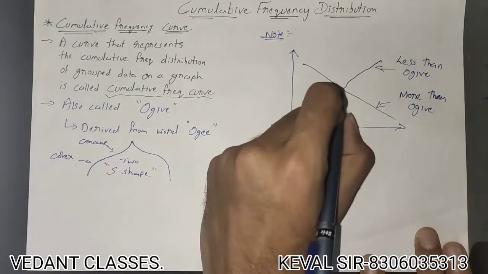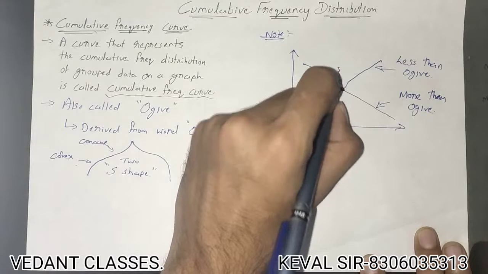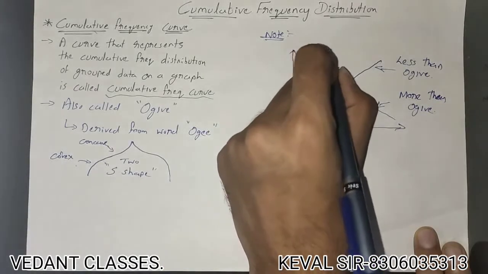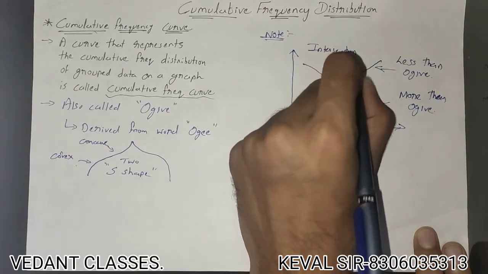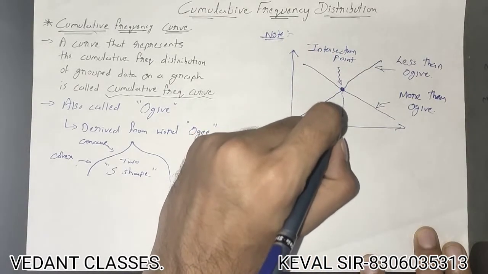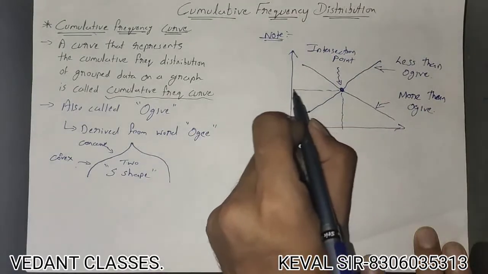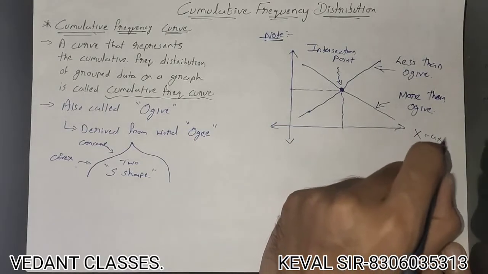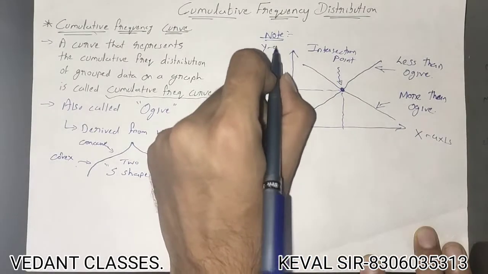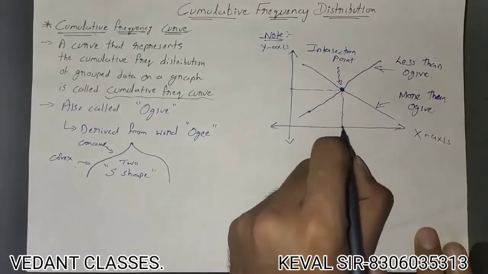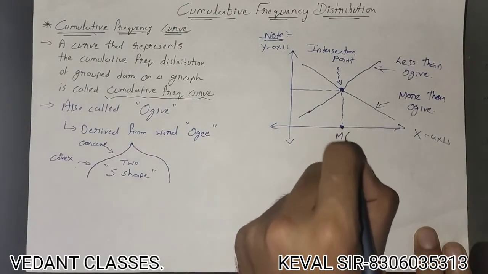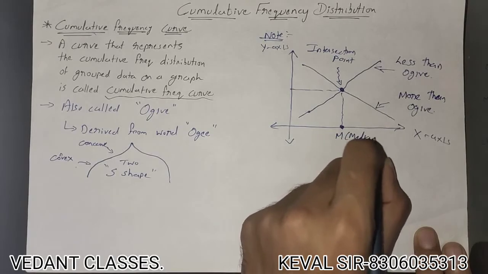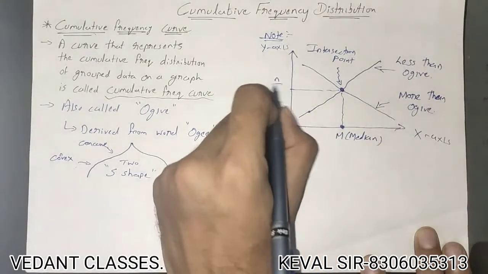Now see, you are getting an intersection point over here of both the curves. Let's draw its projection on the x and y axis. This will be the x axis, this will be the y axis. The x coordinate of the intersection point will give you the value of median, and here it will be n by 2.